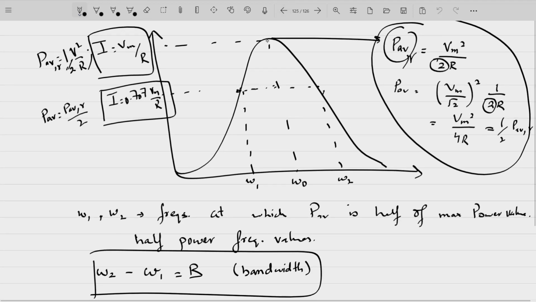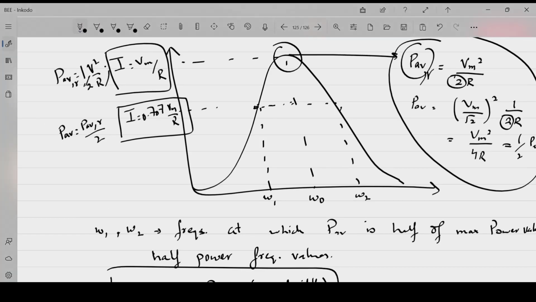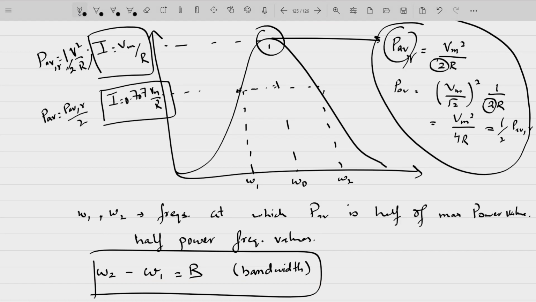By the way, at the resonant frequency point, whatever amount of reactive power the inductor is storing or discharging, the value of reactive power being consumed or generated by the capacitance, the same amount will be generated or consumed by the inductance at this particular point.